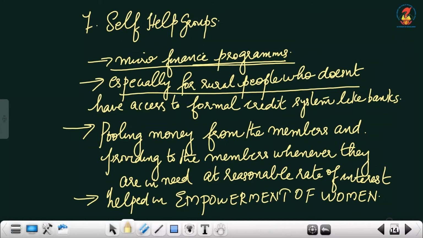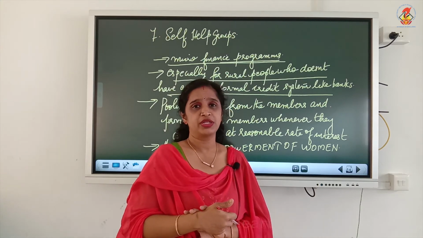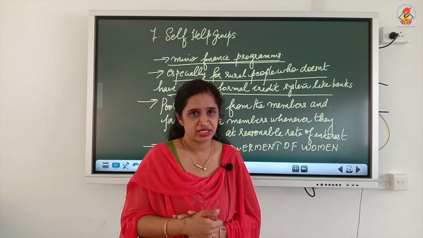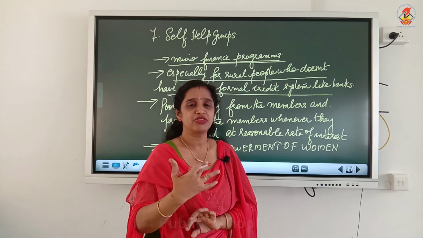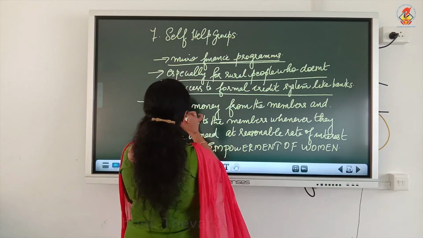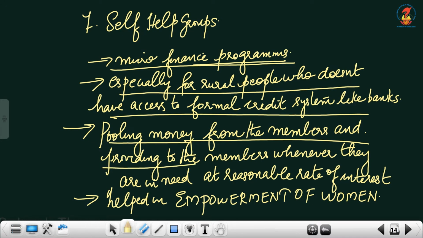It is especially for the rural people who don't have access to the formal credit system like banks. Those who don't have accessibility to the formal sources of credit can depend on self-help groups. In self-help groups, they pool money from the members and provide it to the members whenever they are in need at a reasonable rate of interest, just as I discussed.